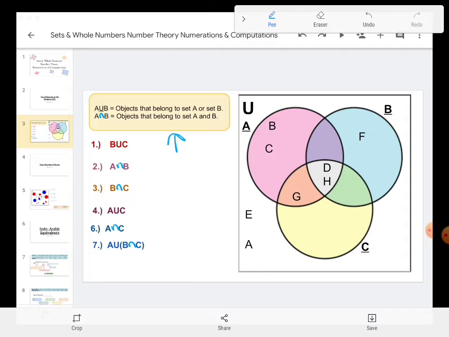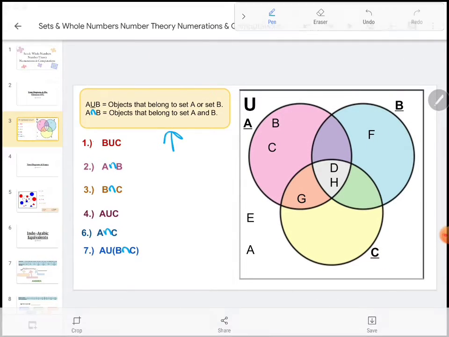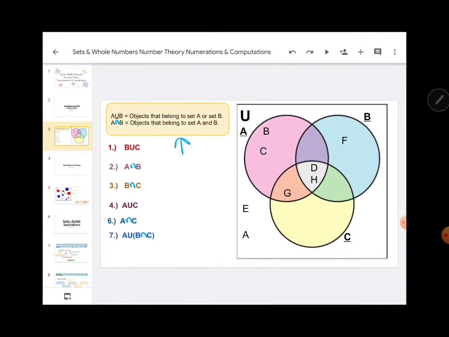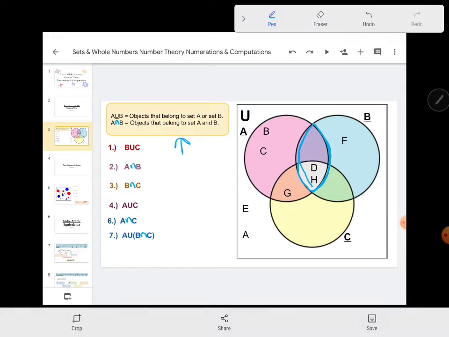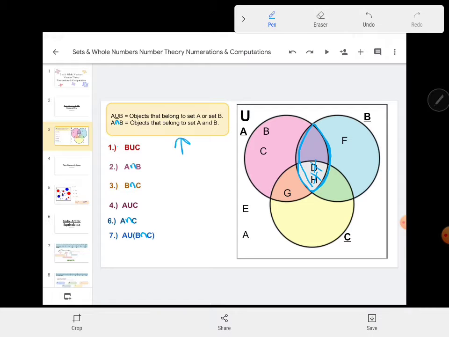If we look at where just those two circles overlap, we have this section right here. This is our AND part of the equation, which means that D and H are shared. They're not either or, they're AND, which means they will not be a part of our solution.